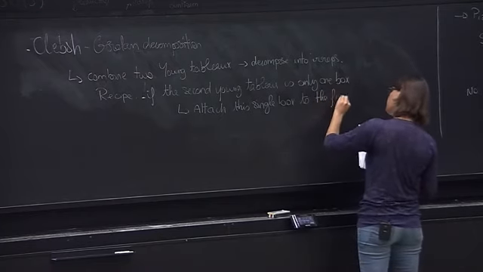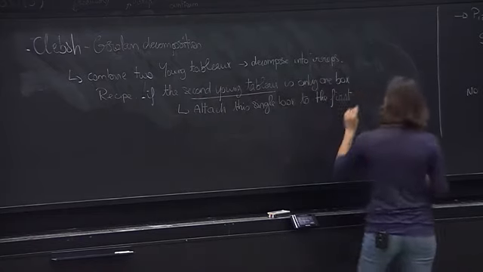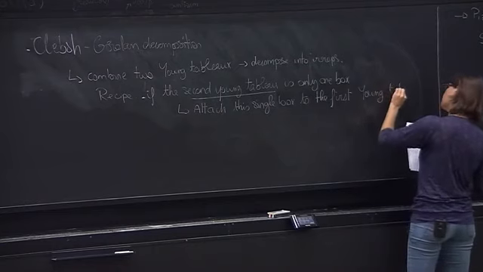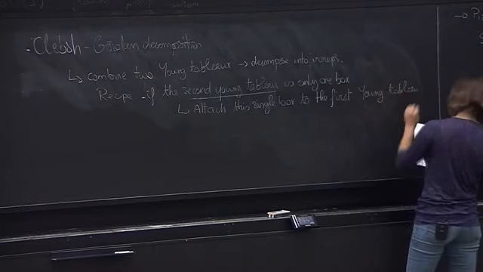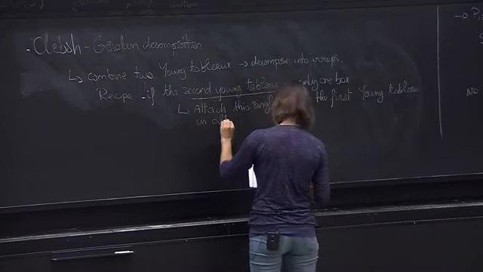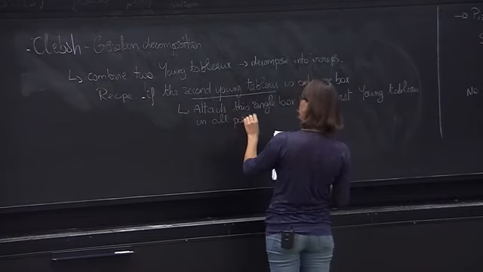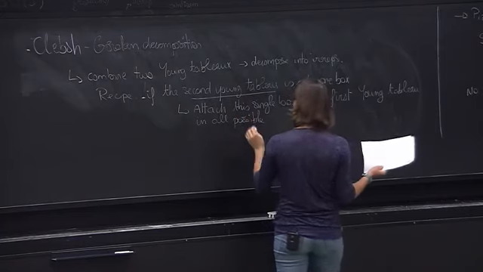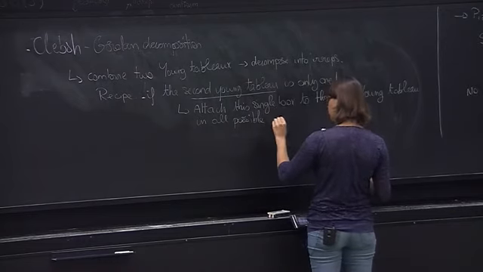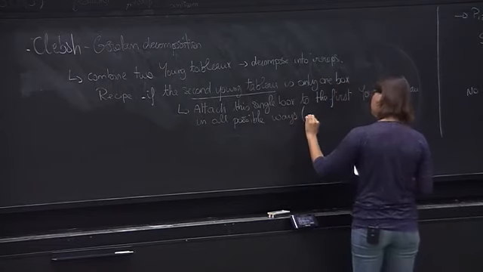Here I didn't give you any assumption on the first Young tableau. It can be as complicated as you want. You attach it in all possible ways. Since you have only one box, the possible ways are just to the right and below.